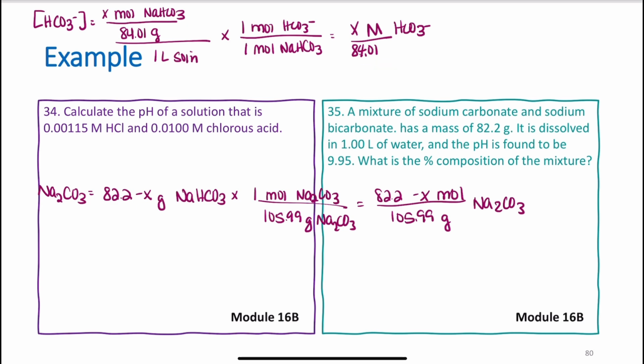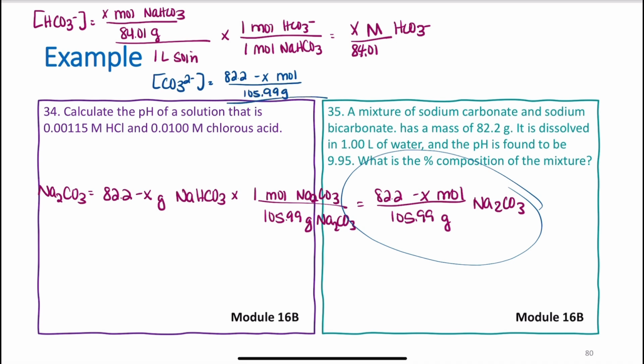And I do something very similar with the carbonate. So my carbonate concentration, I just figured out down here, 82.2 minus X moles over 105.99 grams, all over the 1 liter solution.